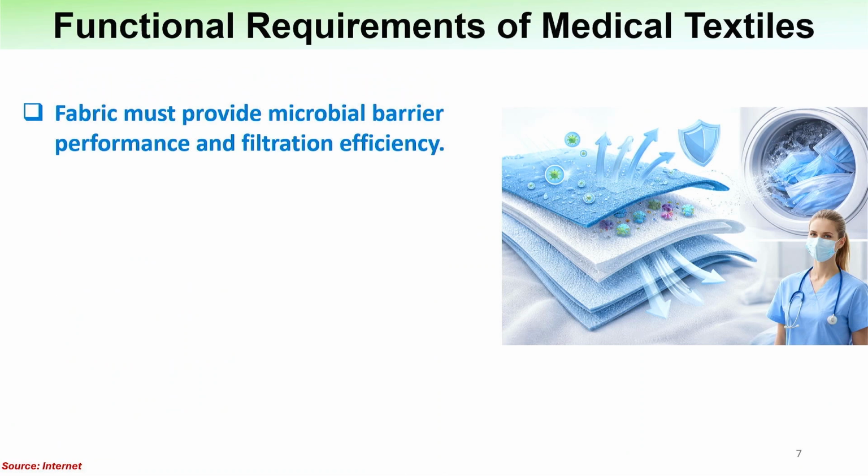The functional requirements are that the fabric must provide microbial barrier performance and filtration efficiency. It should prevent the particles from penetration. This filtration efficiency we have discussed in air and water filtration also.